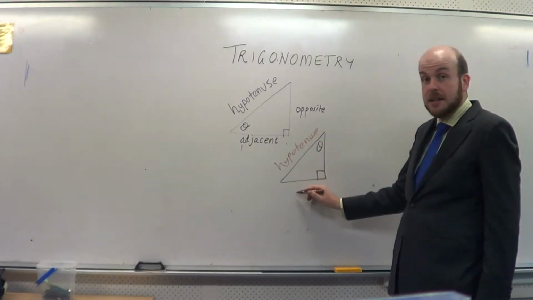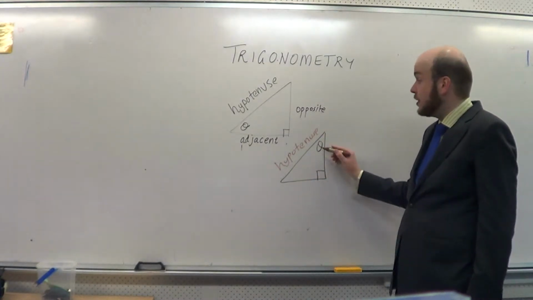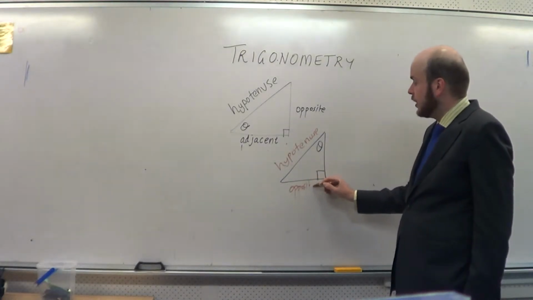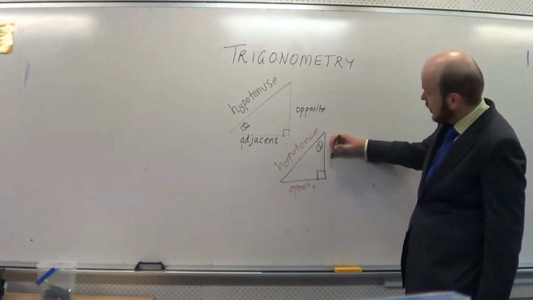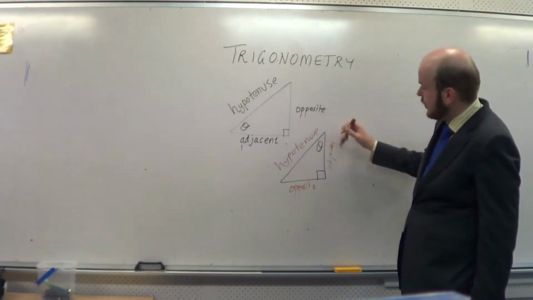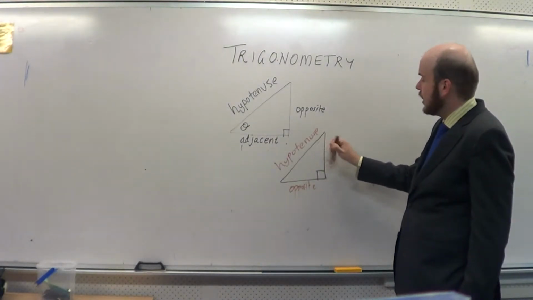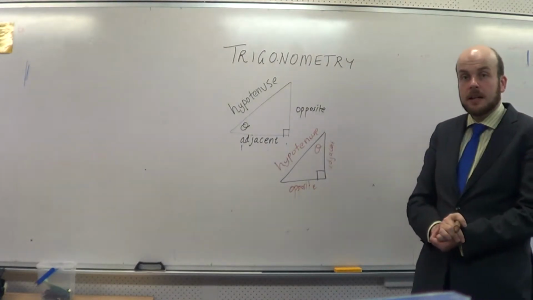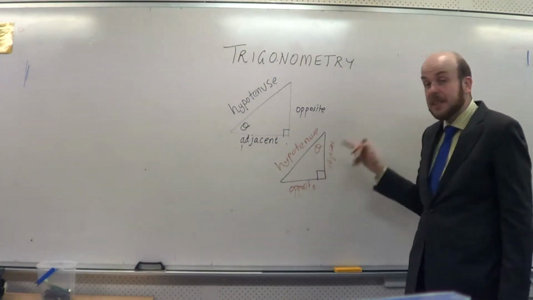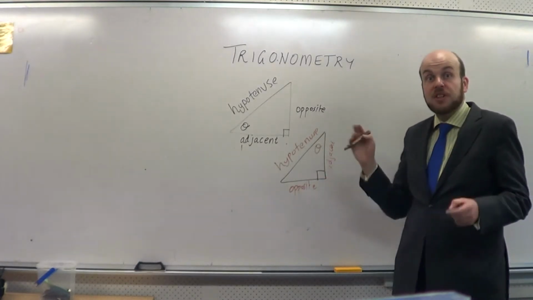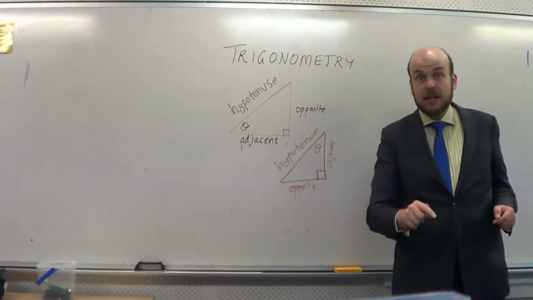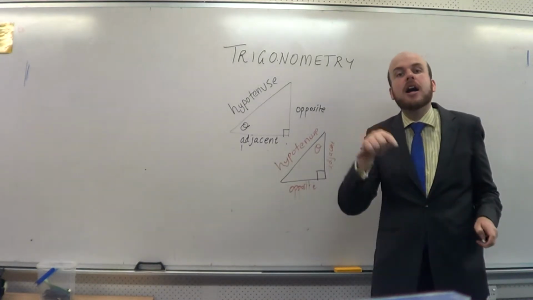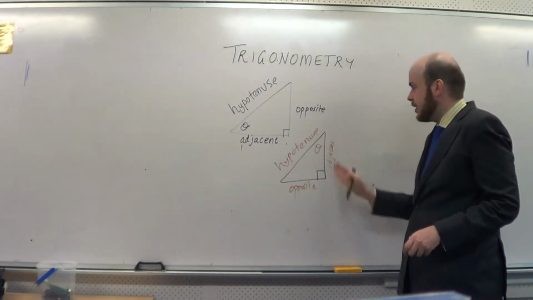However, since this side is now opposite that angle, this is now the opposite, and this is the adjacent. And I'll even colour this in, so we're colour coding everything. So whatever the angle I'm talking about, the side opposite that is the opposite. Whichever side is next to the angle I'm talking about, that's the adjacent.